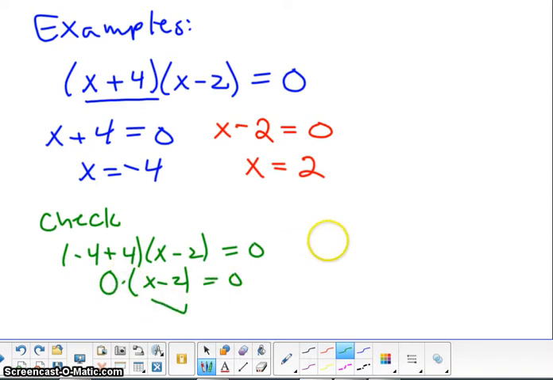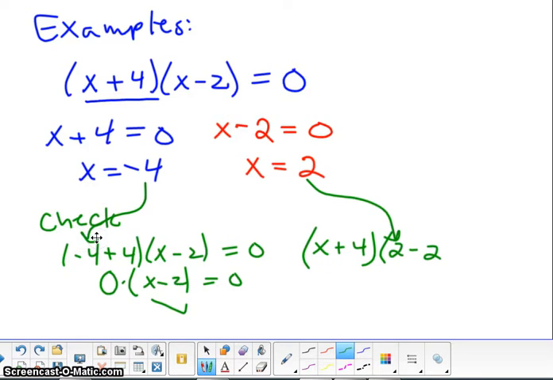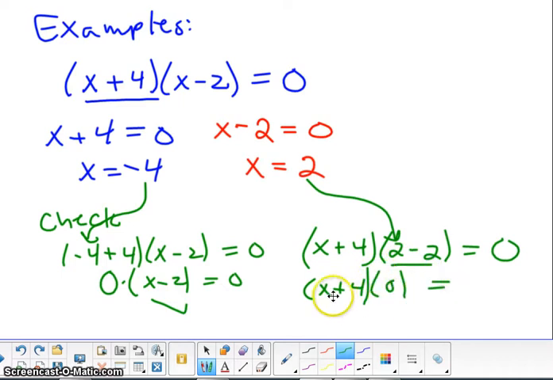The other one, if we check, it'd be x plus 4 and 2 minus 2. I'm just taking this value and plugging it in, equals 0. x plus 4 doesn't change, but 2 minus 2 is 0, and 0 times anything is 0. So that, again, checks. I know that I did them correctly.